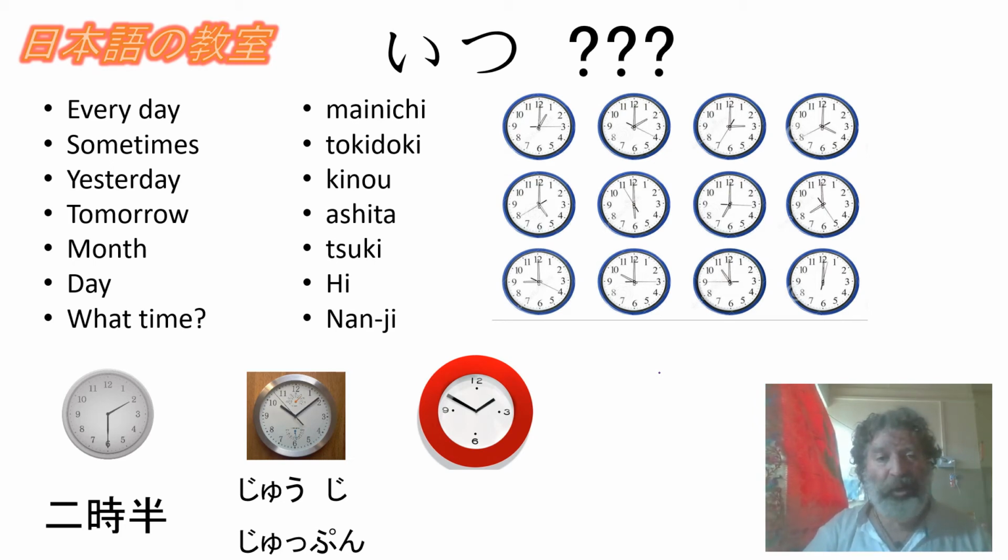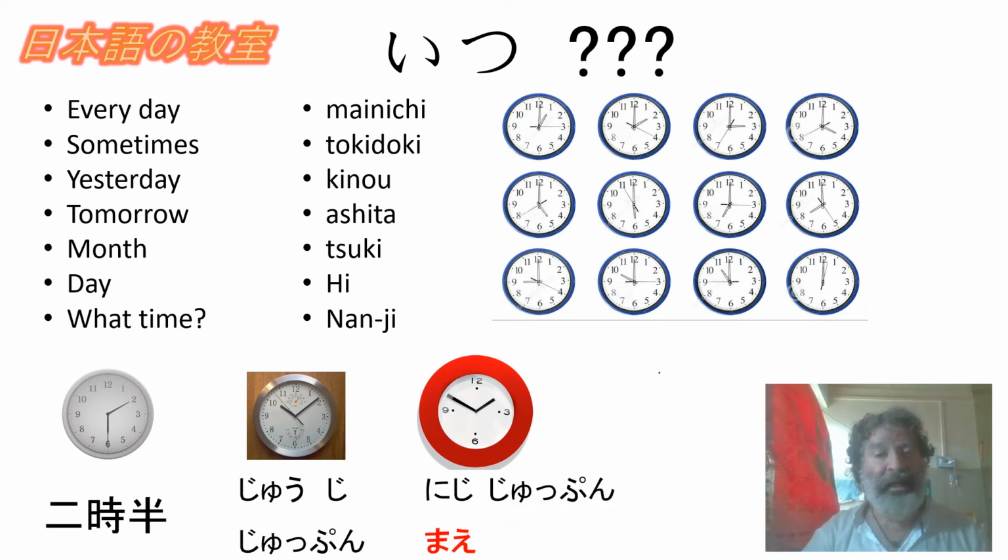But if we're looking at a traditional clock, we would say 2時10分前. Okay, so these are various ways to specify the time. This will be very useful when we're talking about verbs. So you can take a screenshot of this if you'd like. I'm going to move on to the next screen.